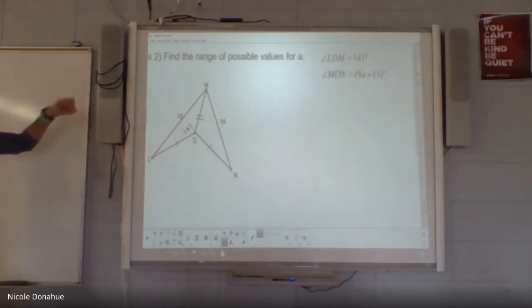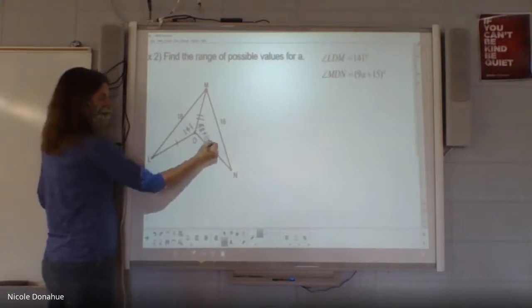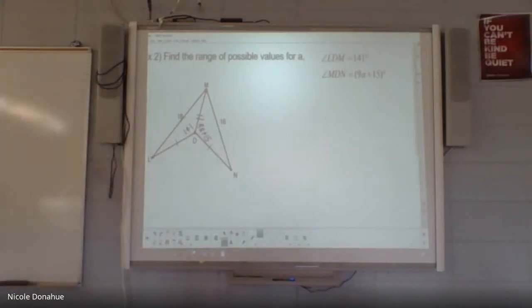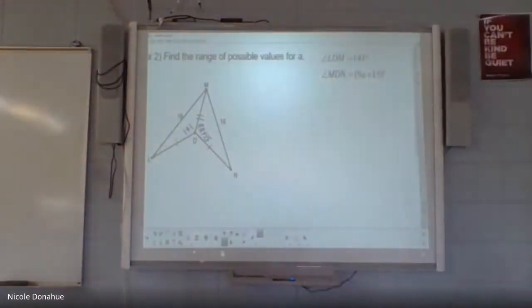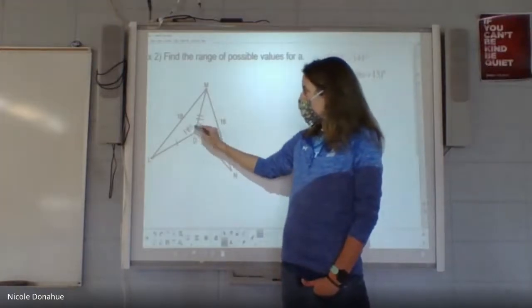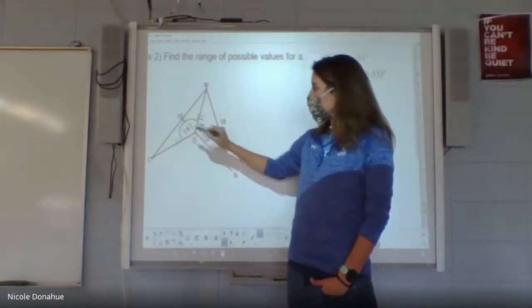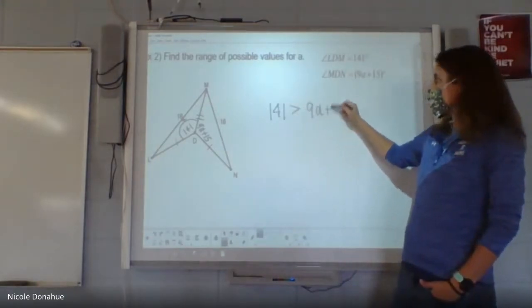They tell me MDN is 9a plus 15. What do I know about those two angles? How would we use this to set up an expression or an equation or inequality? Yeah, Ellen? 141 is greater than 9a plus 15. Yep, again, if this angle is across from that side, 141 has to be greater than 9a plus 15.